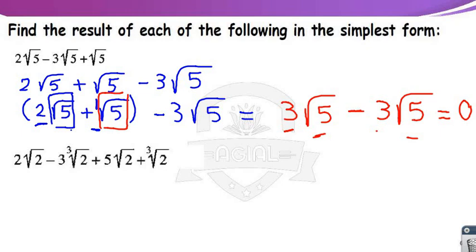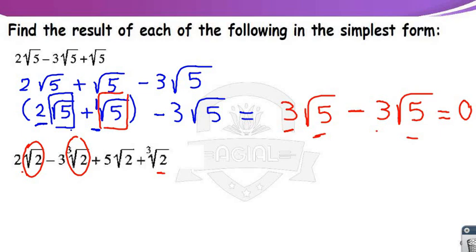Okay? Number 2: 2 square root of 2 minus 3 cube root of 2 plus 5 square root of 2 plus cube root of 2. We look here, we have cube root of 2 and we have square root of 2.